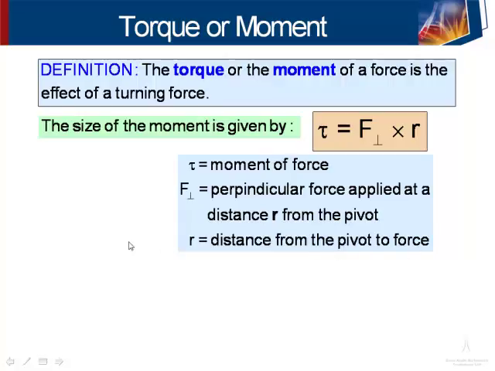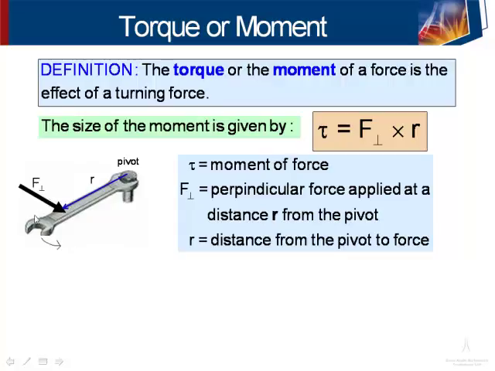Let's look at that spanner example again. If this is the pivot, and this is the distance r from the pivot where the force is applied, measured by r in meters, the force is applied at a perpendicular angle to the spanner, represented by that symbol.